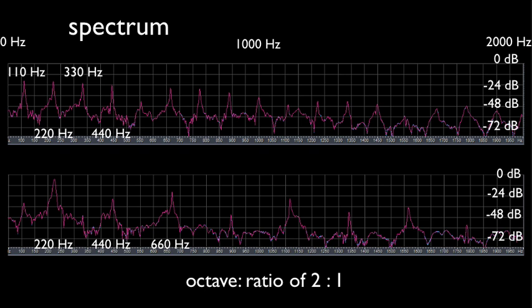In other words, the harmonics of the octave higher are a subset of the harmonics of the lower note. So that's why the octave is so important that we actually give it the same note name. A, A2, A3.